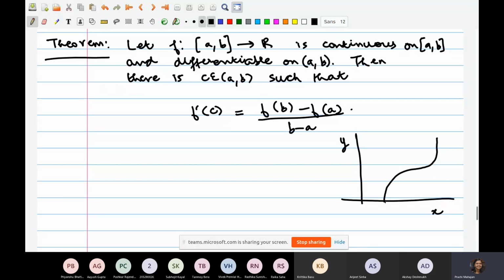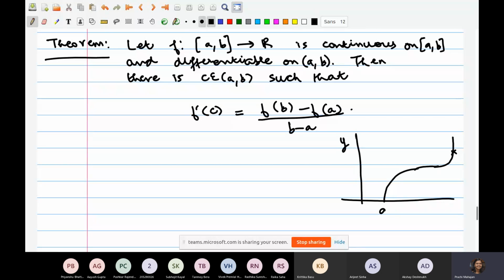I'll smoothen it out a little bit because I have assumed that f is differentiable on the open interval (a, b), which means there should be no kinks in between.